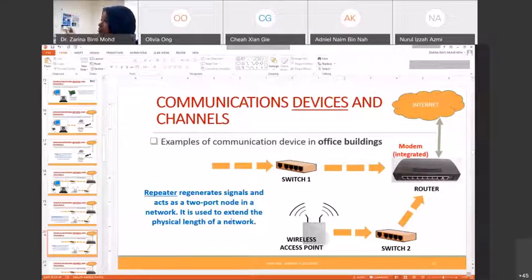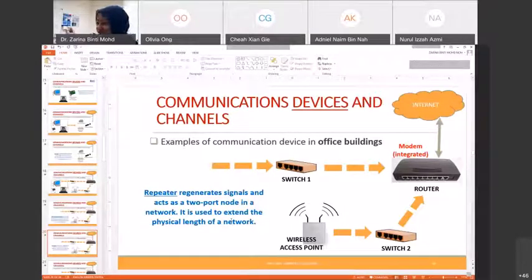Like our voice, isn't it? If we are at a small distance, we can hear our voice clearly. But for those far away from us, that person cannot hear our voice clearly, right? Because along the way, the signal will degenerate or become weaker. Dia tak kuat lah maksudnya.